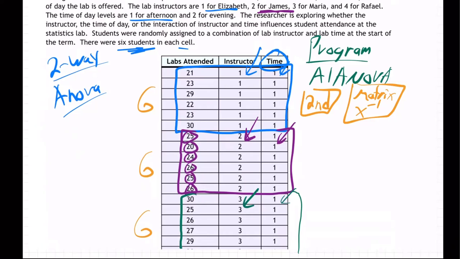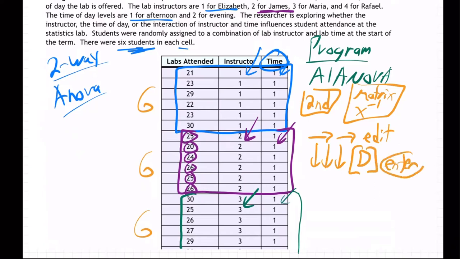Then you're going to go over twice to edit, and then go down 3 times to D. This is important. We've never done this before. You've got to go down to the matrix D and then hit enter. So in other words, you're going to edit matrix D.